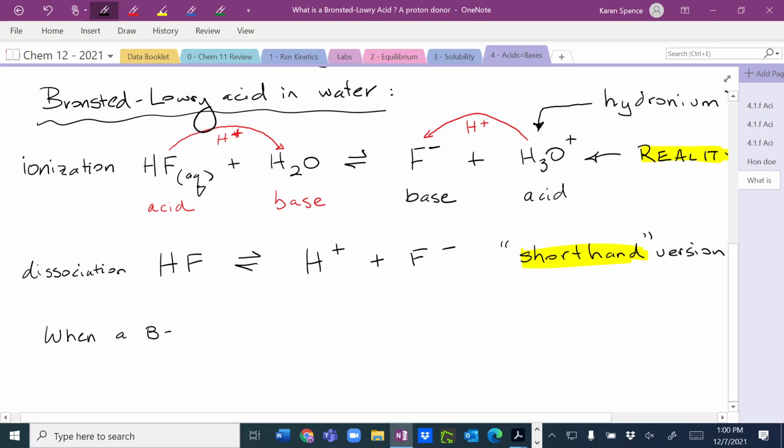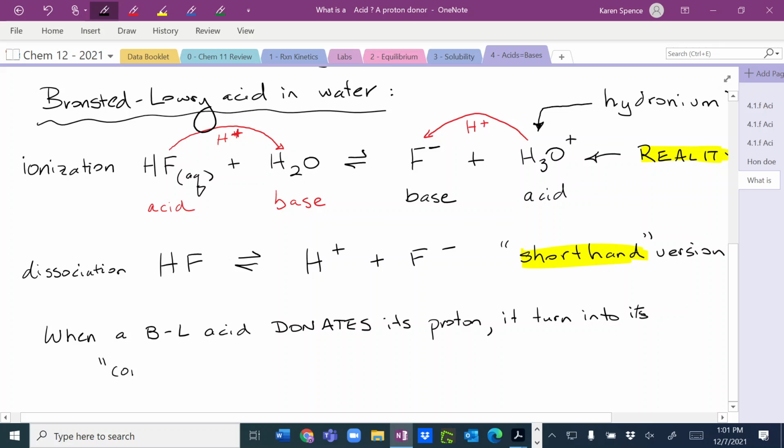When a Bronsted Lowry acid donates its proton, it turns into its conjugate base.